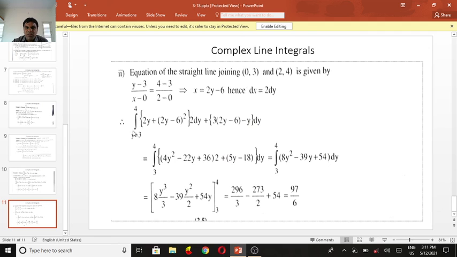Now y varies from 3 to 4. Replace all x in terms of y.